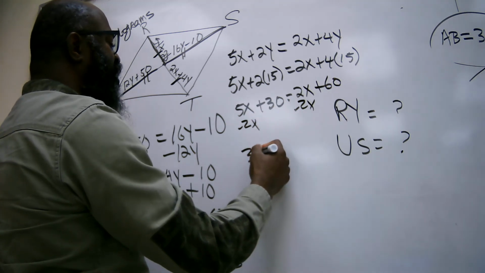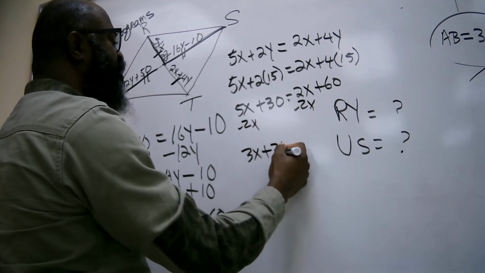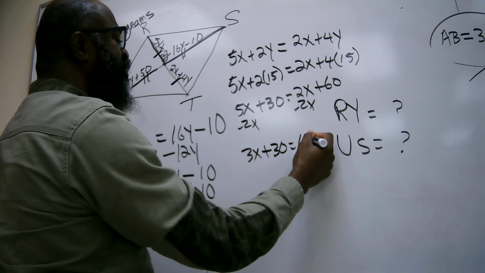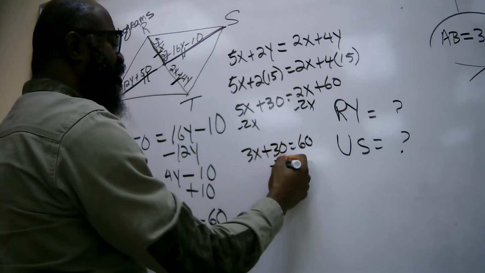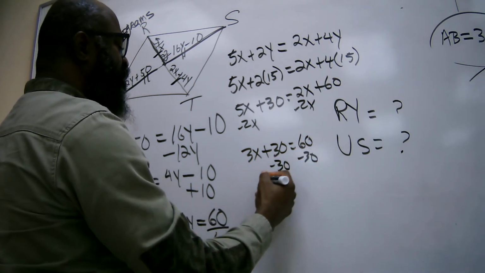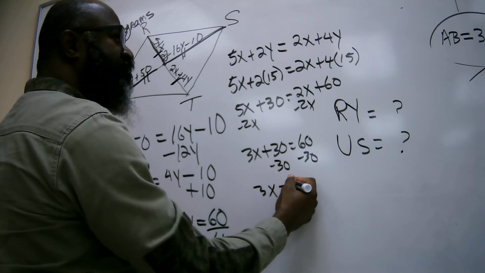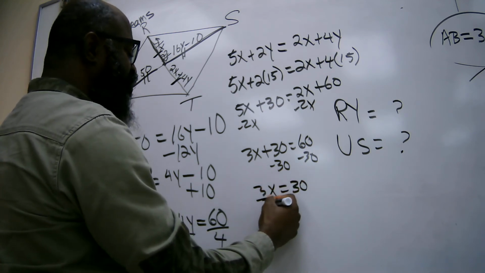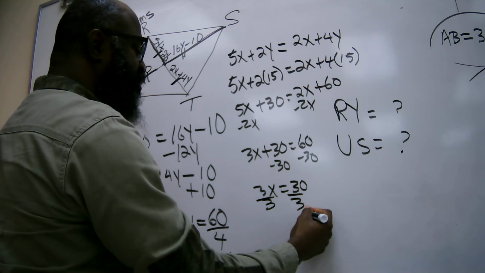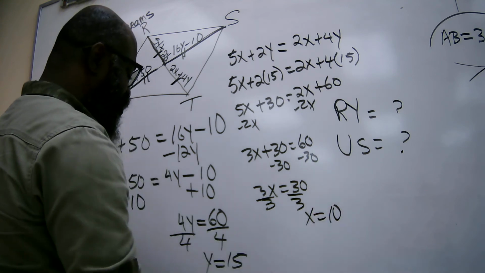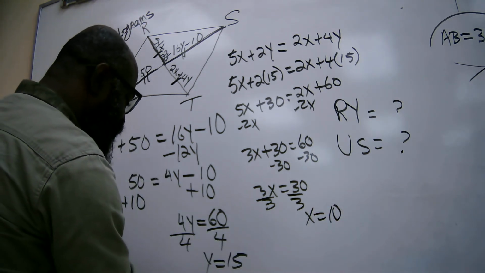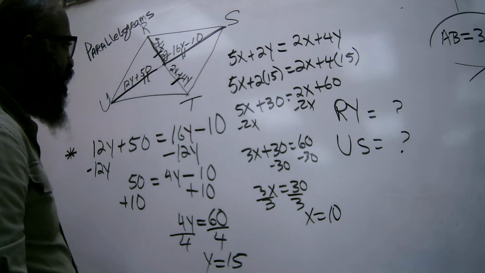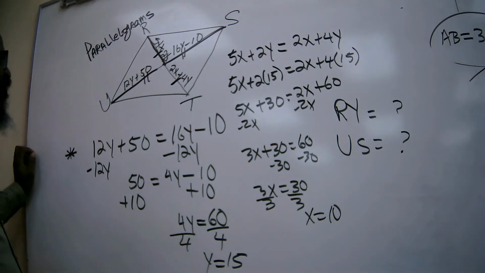Then you'll have 3x plus 30 is equal to 60. Alright, subtract 30 on each side. Then you'll have 3x is equal to 30. Then you divide by 3. In this case, x is 10. So when y is 15, x is 10. Then now, let's see if we can find US.